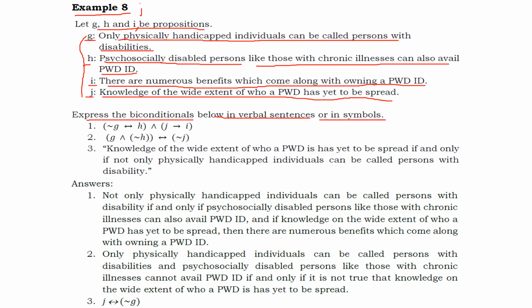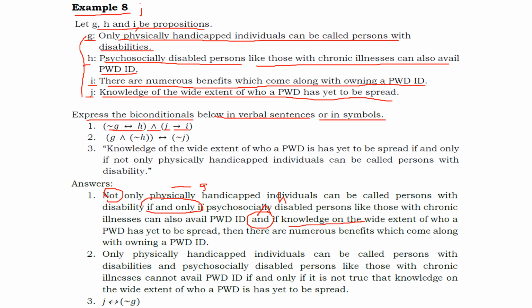For number 1: negation G biconditional H, conjunction J, conditional I. So first thing to do, we apply the negation: not physically handicapped individuals can be called persons with disabilities, if and only if, this will represent your biconditional, psychosocially disabled persons like those with chronic illness can also avail a PWD ID, so that will be your H now. And this will be your conjunction.